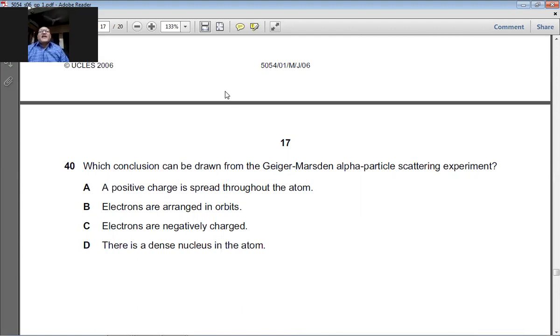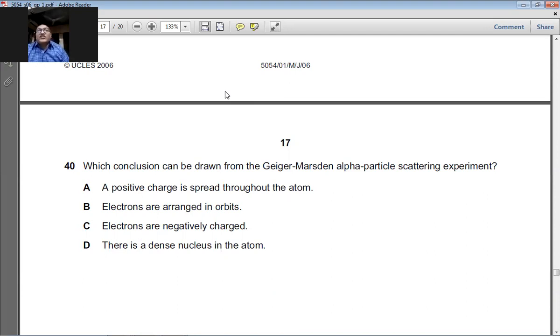And very few of the alpha particles were deflected at a larger angle. So from there, they concluded that every atom has a nucleus. Most of the space in the atom is empty. The mass of the atom is concentrated in a small nucleus.